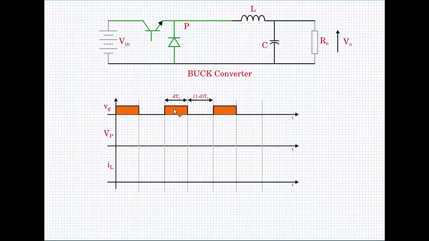Now such a waveform we will apply at the gate of this. So what happens? During the time when this is on, Vin comes to the pole, so the pole voltage will be the Vin value, and during the time when this is off, the diode is freewheeling in this path and the pole voltage is connected to the ground, so it will be 0.